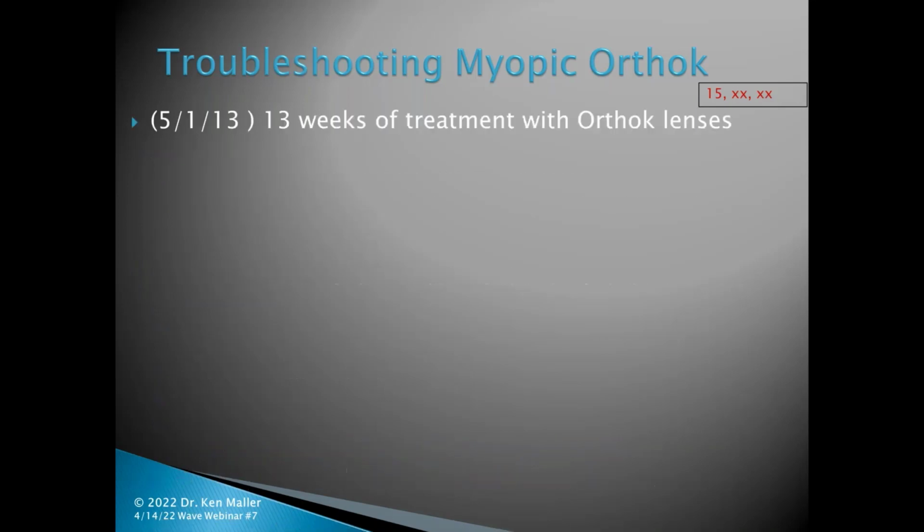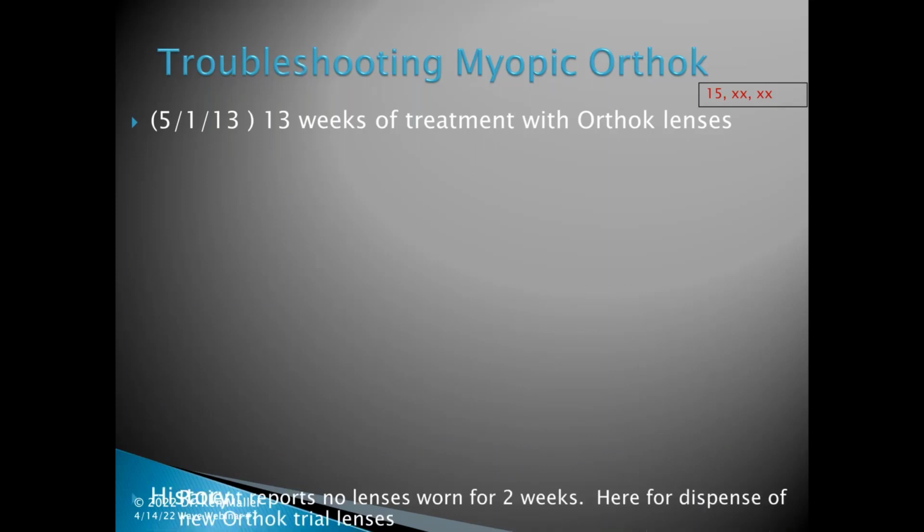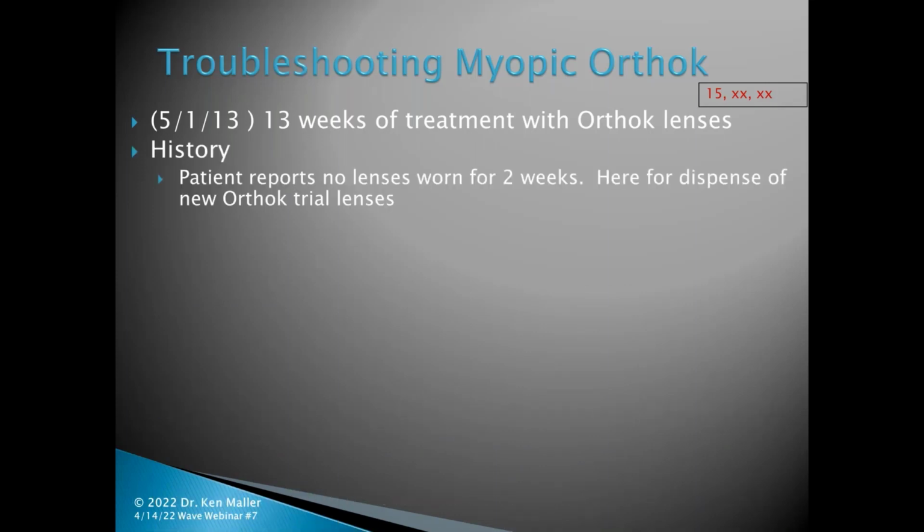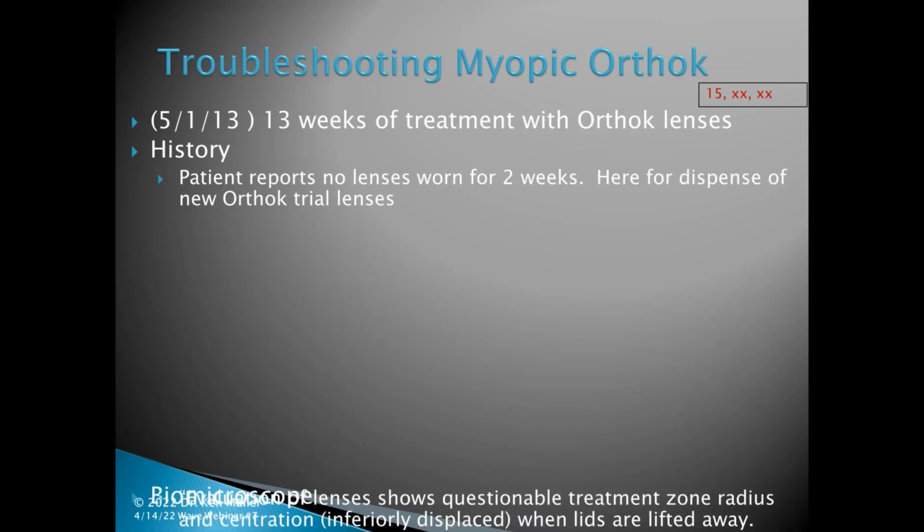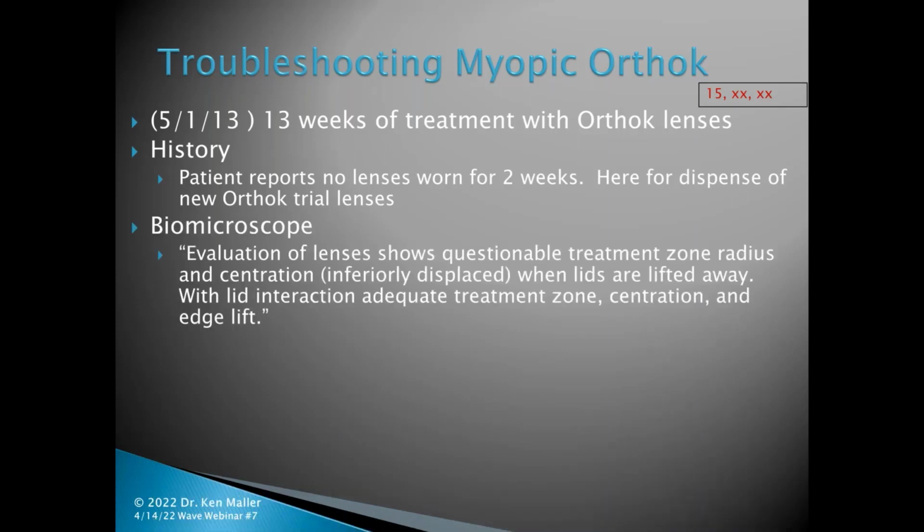So at the 15th visit, he's now 13 weeks out into Ortho-K. He has not been wearing any lenses for 2 weeks. He's here for a dispense of some new Ortho-K trial lenses. Evaluation of the lenses shows questionable treatment zone radius and centration, inferiorly displaced when lids are lifted away. However, when the lids were put into the normal position, adequate treatment zone, centration, and edge lift.